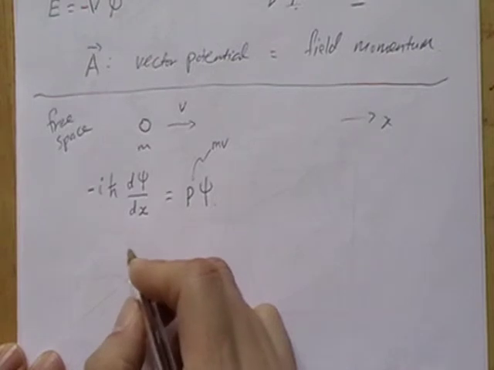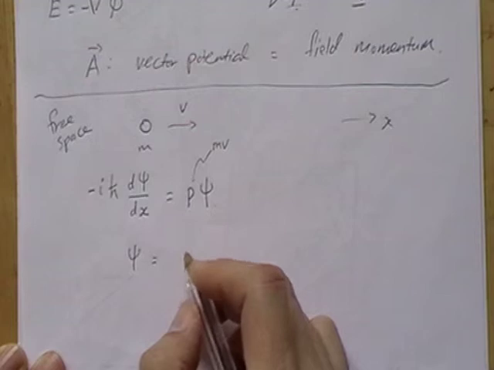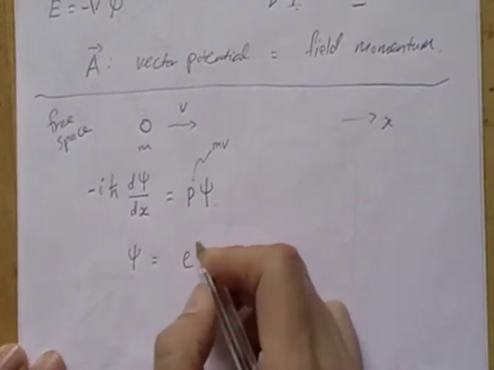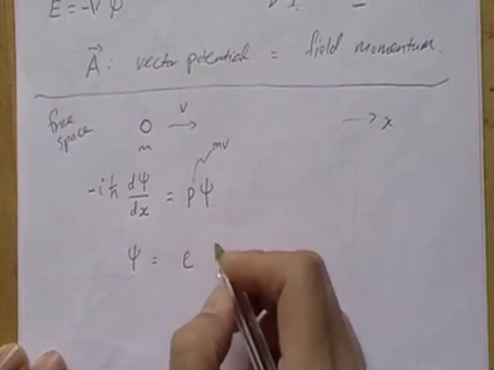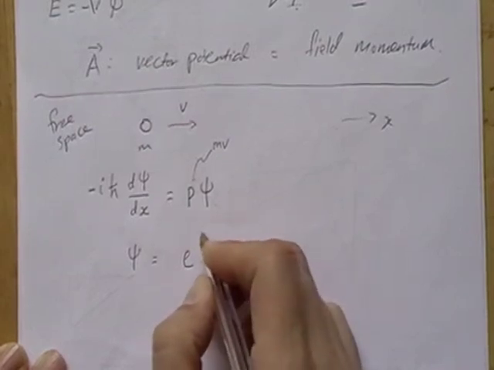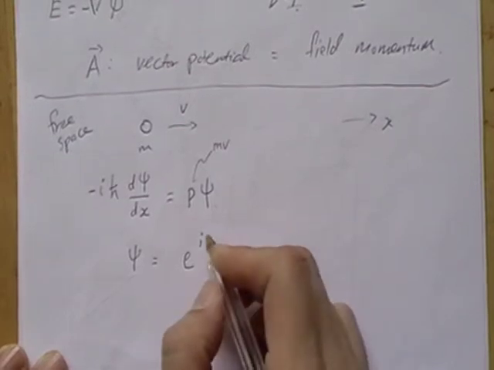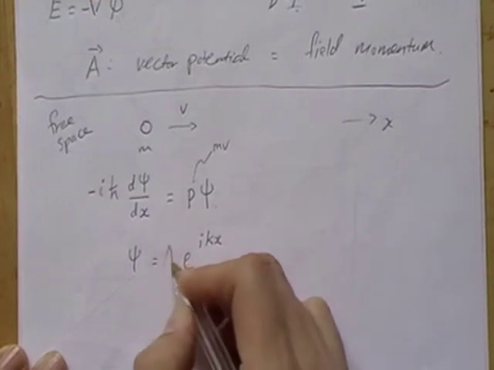The solution is psi equals e to the power of i, the best form to do this, I'll write it as ikx times some constant.